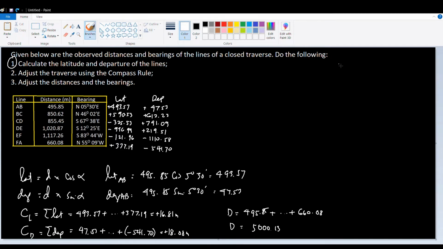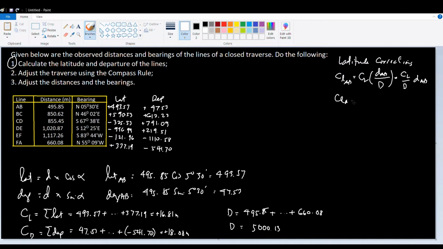So let me write here. Latitude correction. So we can start at CL of line AB. That should give us the total misclosure in latitude times distance of AB all over the total distance. So the common factor here is CL all over D multiplied by the distance AB. Okay?